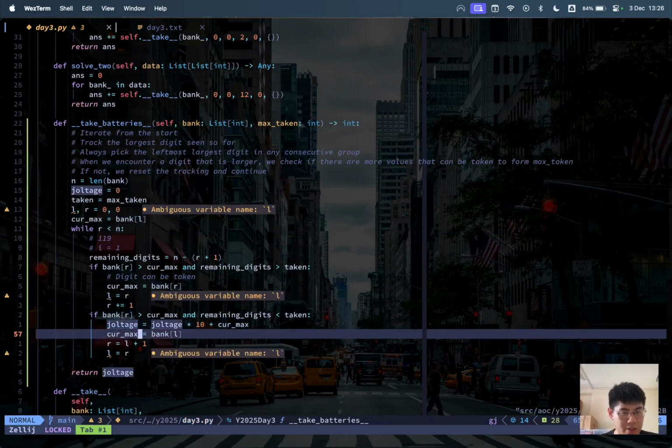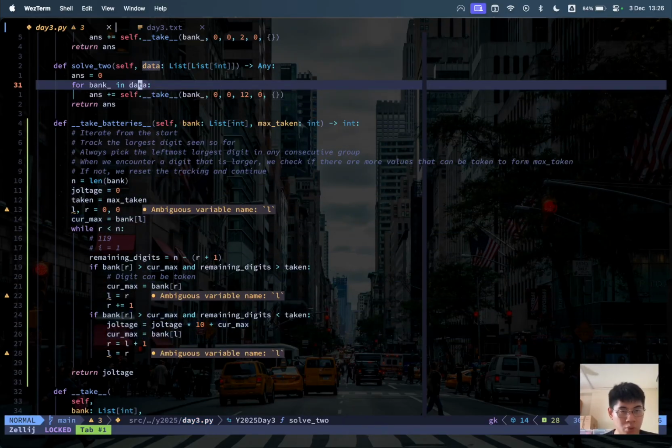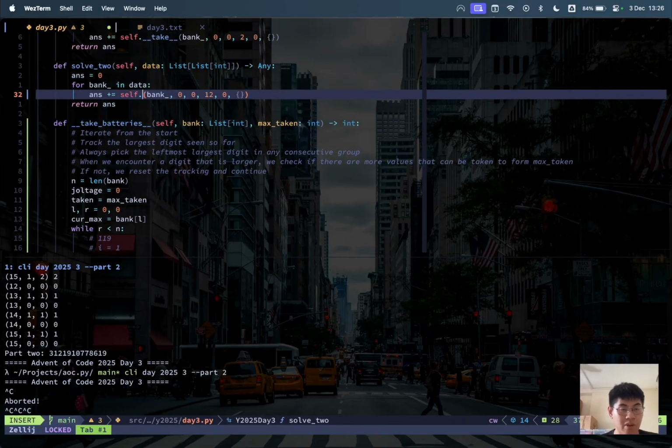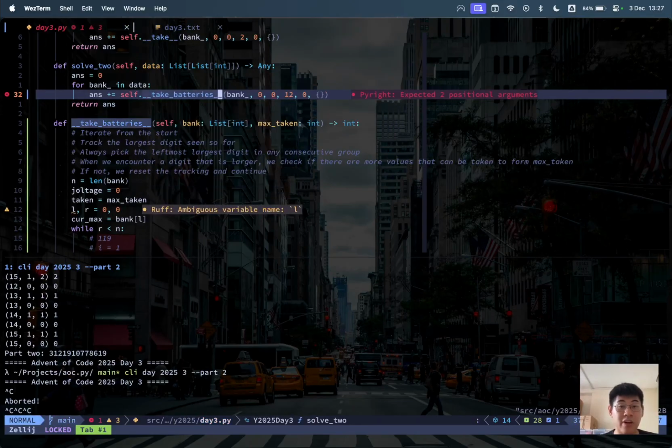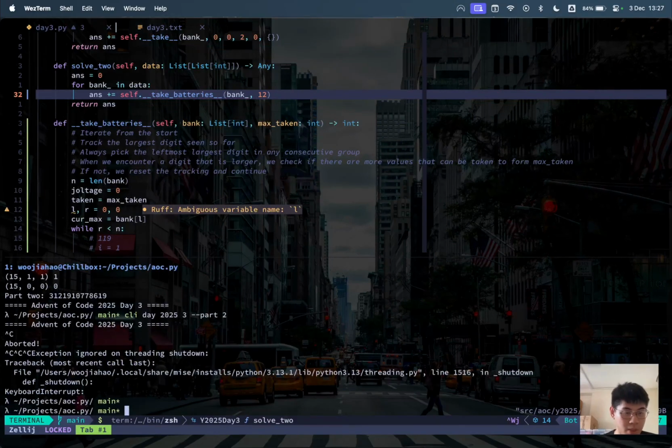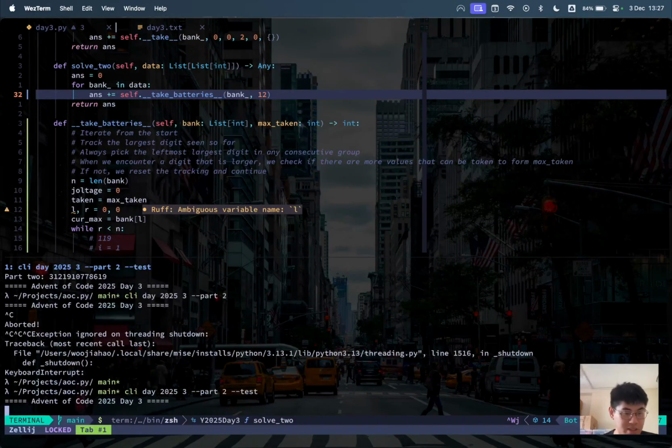Yeah, something like this. I am not super sure if this works. It hasn't even completed yet. But let's try this out. So the max taken is 12 and everything else can stay. And let's just test this.